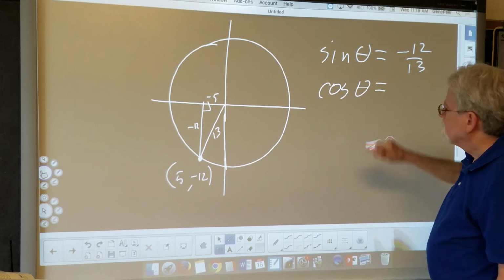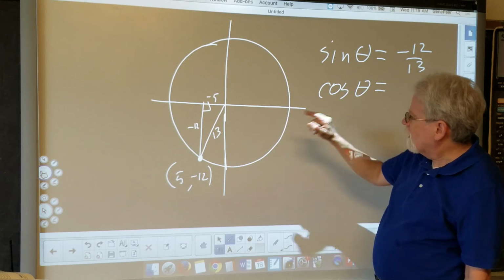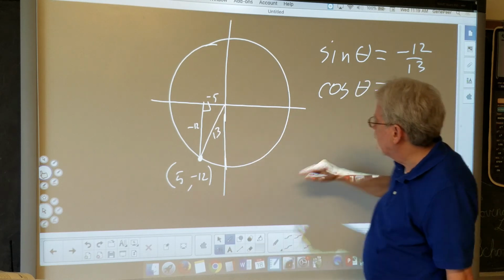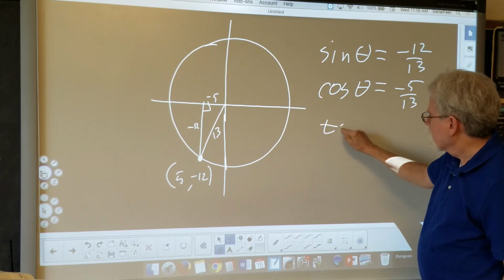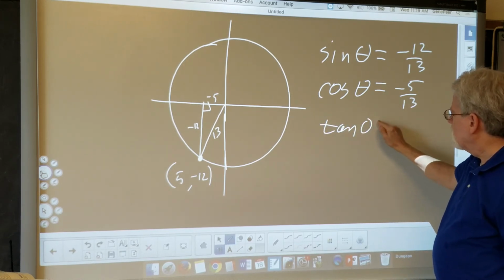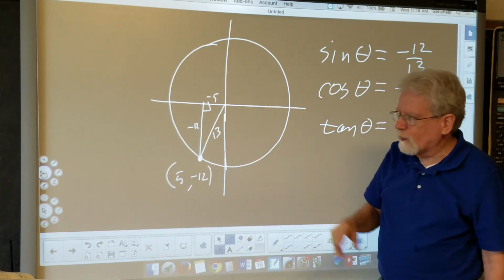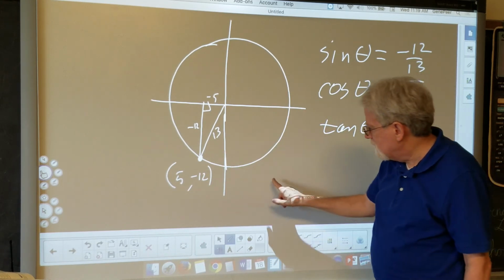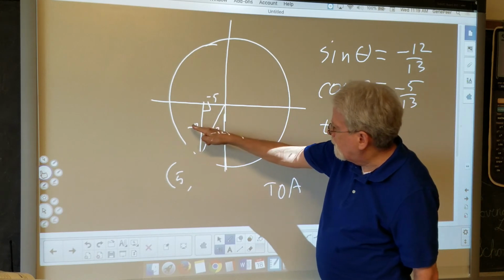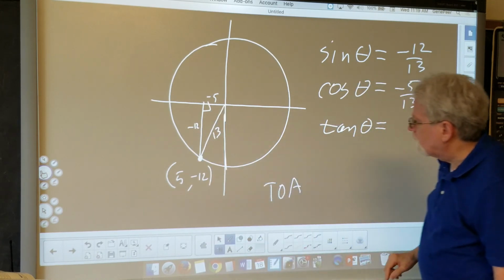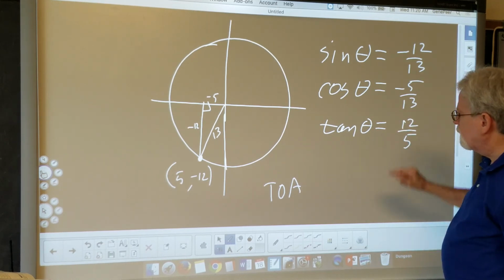Cosine of theta, SOHCAHTOA, C-A-H, cosine is adjacent over hypotenuse, that's negative 5 thirteenths. Tangent of theta will be opposite over adjacent, SOHCAHTOA, T-O-A, that's negative 12 over negative 5, which is 12 fifths.